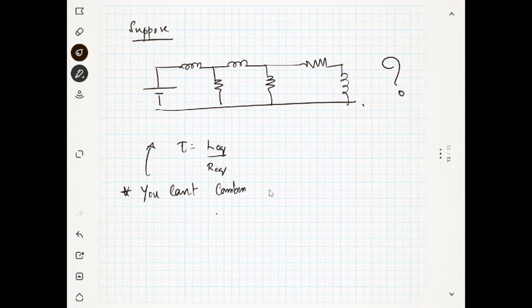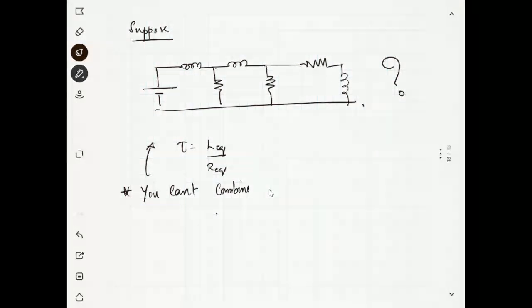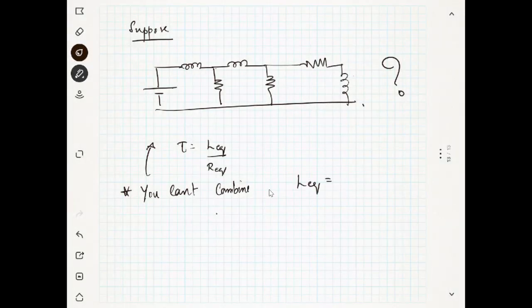How can you combine L equivalent? If you short circuit the source, then find the total impedance, the imaginary number will be the inductor and the real number the resistance, and you just divide. No, it's not like that.